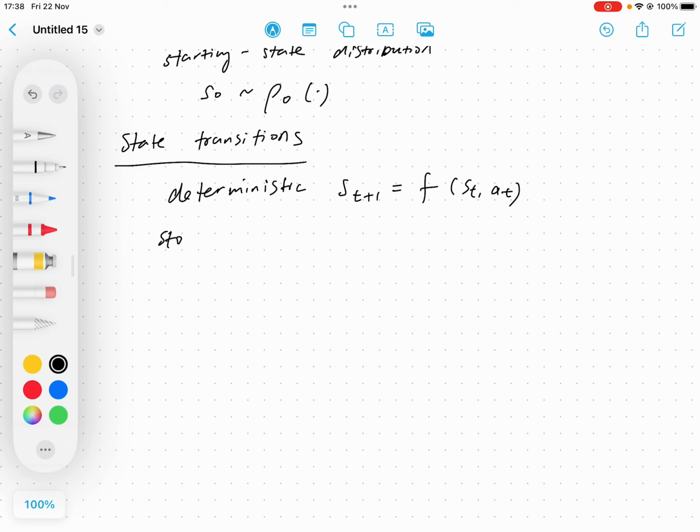It could be stochastic. Of course, in this case, s_t+1 will be distributed according to some distribution p, which is a conditional probability given some s_t and a_t, right? So which is stochastic. Good.